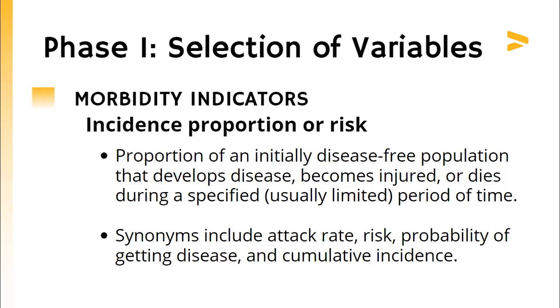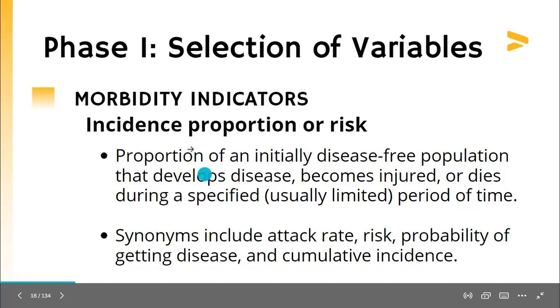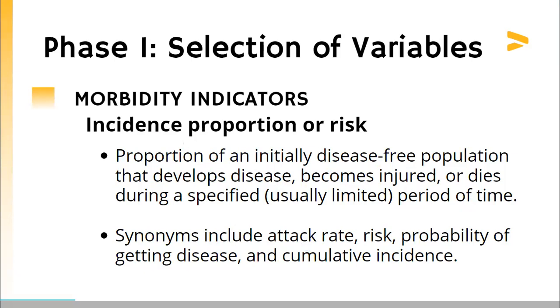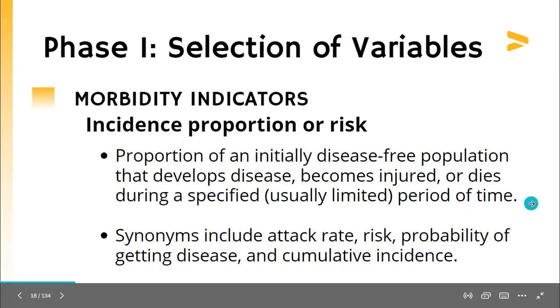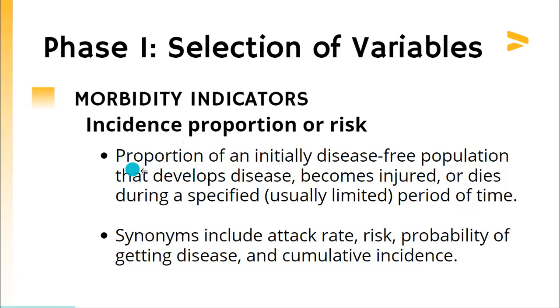It is the proportion of an initially disease-free population that develops the disease, becomes injured or dies during a specified, usually limited, period of time. Synonyms of this term are attack rate, risk, probability of getting the disease, and cumulative incidence.